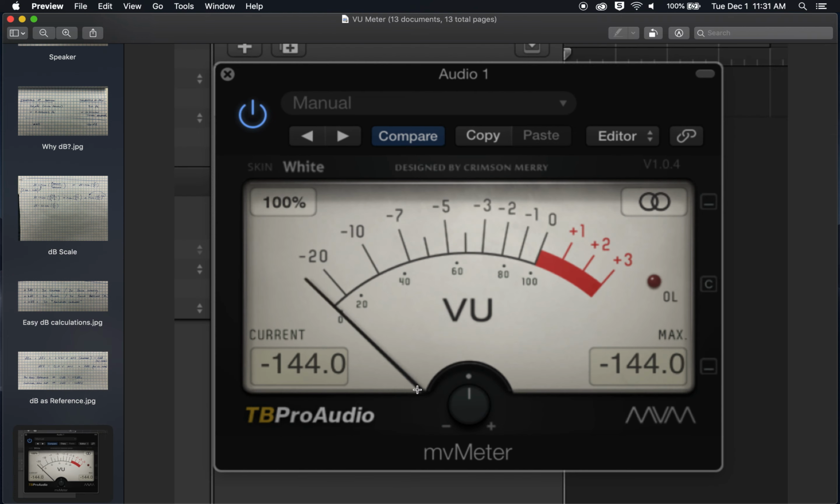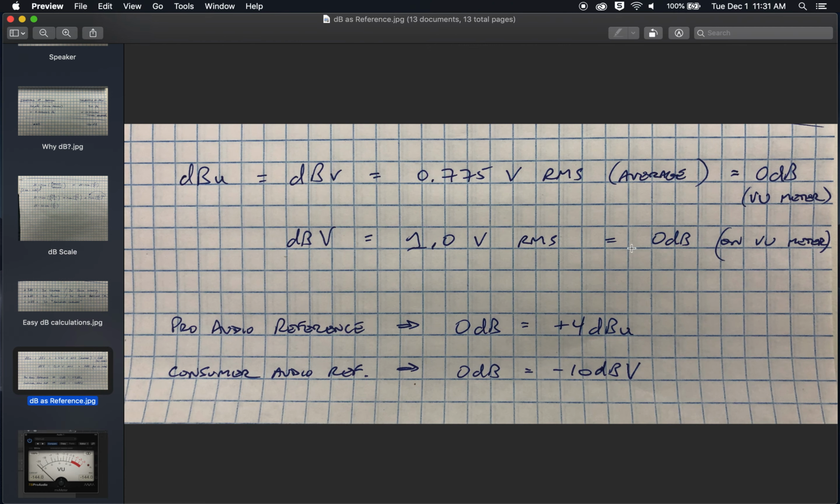This is what a VU meter looks like. I'm sure you've seen one of these. A lot of audio equipment has them. And VU stands for volume unit. Again, just another standard unit of measure. So when we're at 0 dB VU, we are at 0.775 volts RMS.